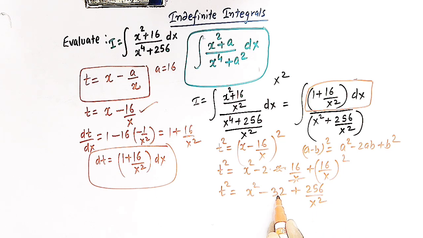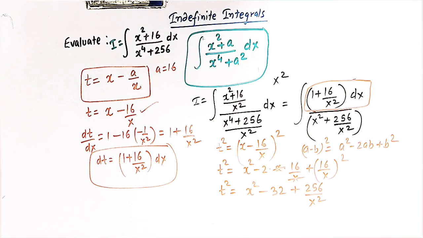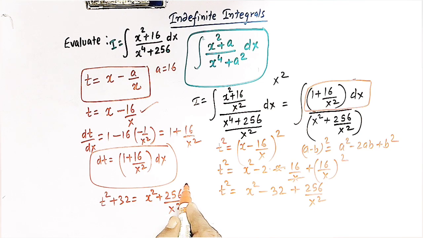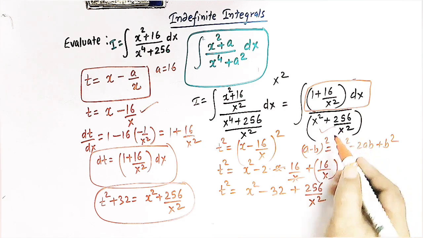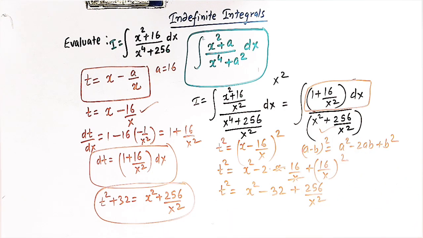Now taking minus 32 to the left hand side, we can now write t square plus 32 is equal to x square plus 256 over x square, right? So now we can replace this expression with t square plus 32.